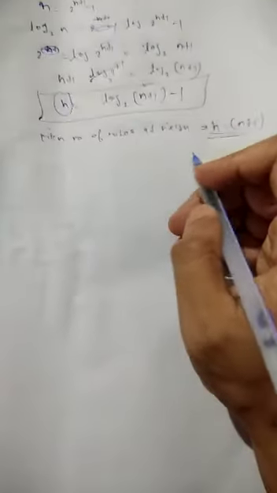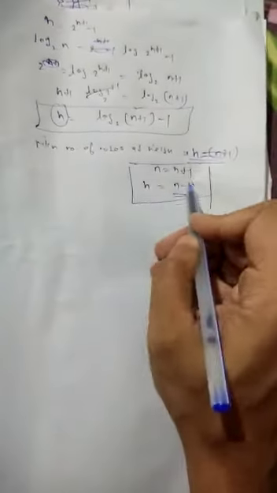For the minimum number of nodes, n is equal to h plus 1, and your height equals n minus 1. This is your formula. So h equals n minus 1, this is your maximum height.